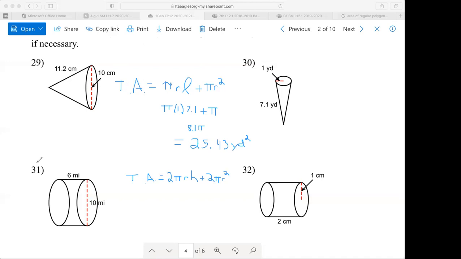Okay. Now I'm going to do 31. The only difference here is the radius is not 10, the radius is 5.